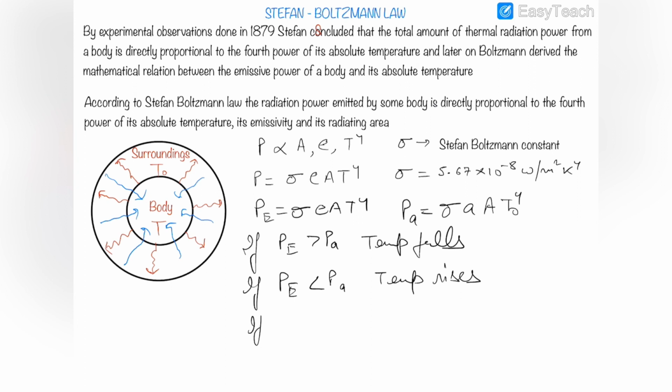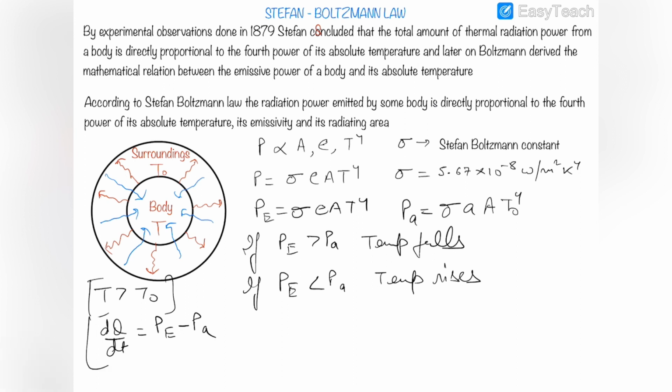Now let us assume that there is a body which is initially at a higher temperature as compared to the surroundings. So obviously the emitted power will be more, and the net power emitted, I can write down as dQ by dt, will be equal to the power emitted by the body minus the power absorbed.